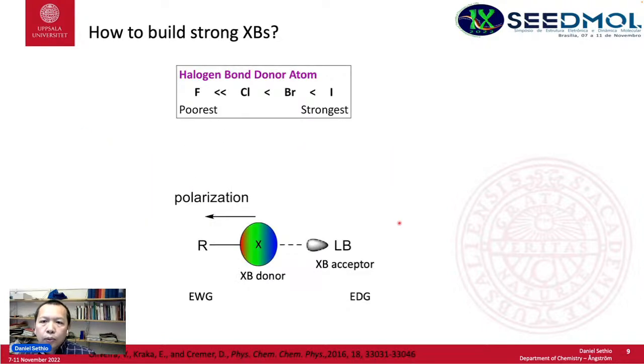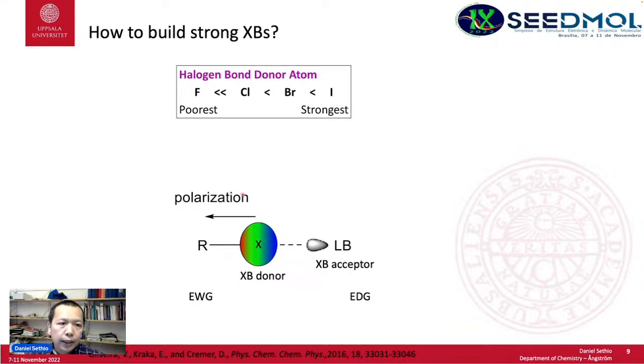So, how to build a stronger halogen bond? One strategy is by increasing the polarizability from fluorine to iodine. Fluorine is the weakest halogen bond donor, and iodine is the strongest halogen bond donor.